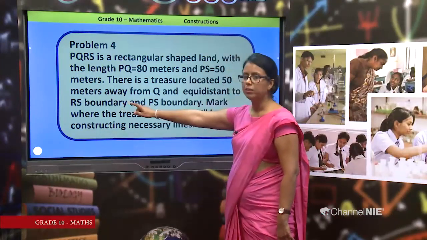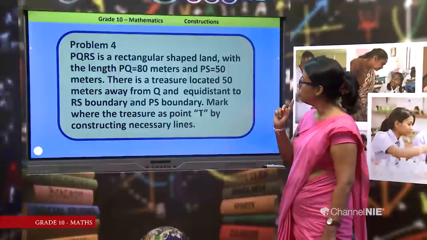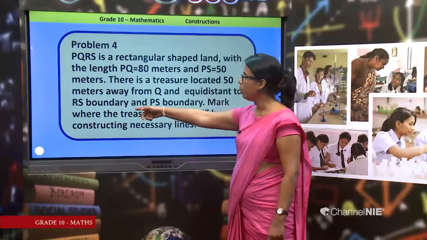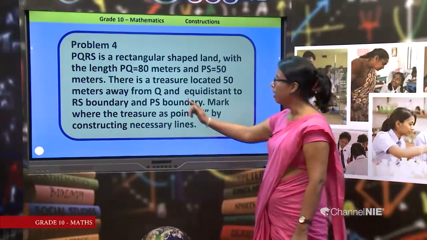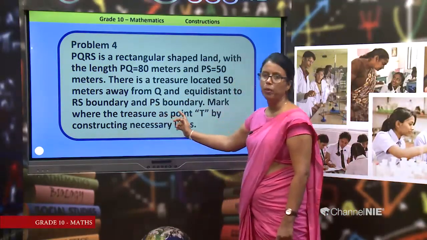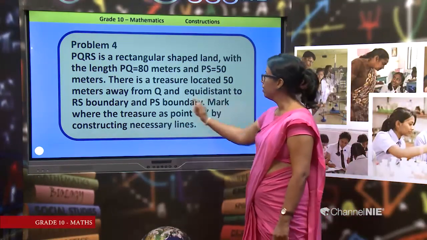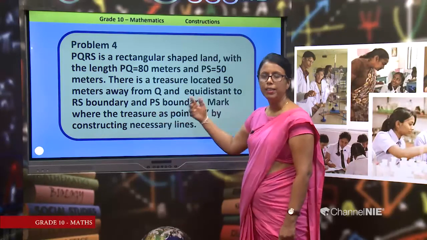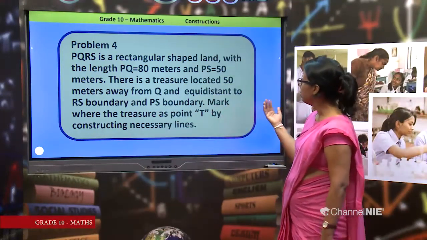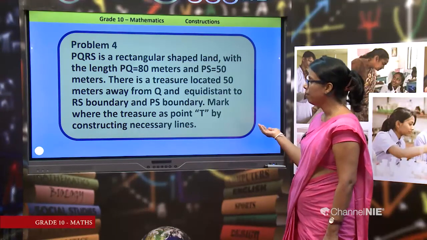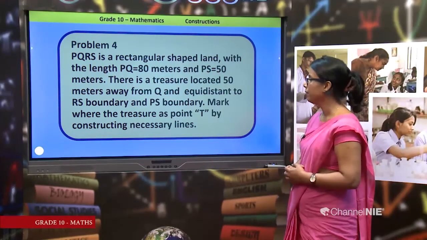It is not just a point, it is about lines, the RS boundary and PS boundary, 2 lines. So, what is the common point S? That can be the angle bisector. Mark where the treasure is as point T by constructing necessary lines.